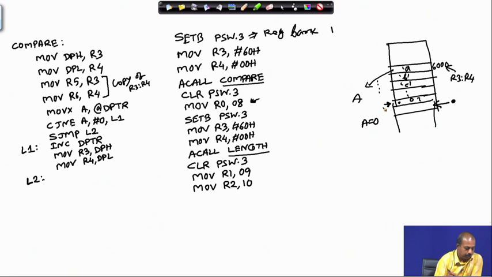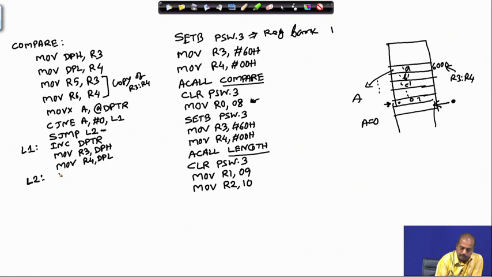So, from this point SJMP L2, when this is matching, we are coming to this point. From this point onwards, if they are the same, it is the end of the first string, so I can start doing the comparison.